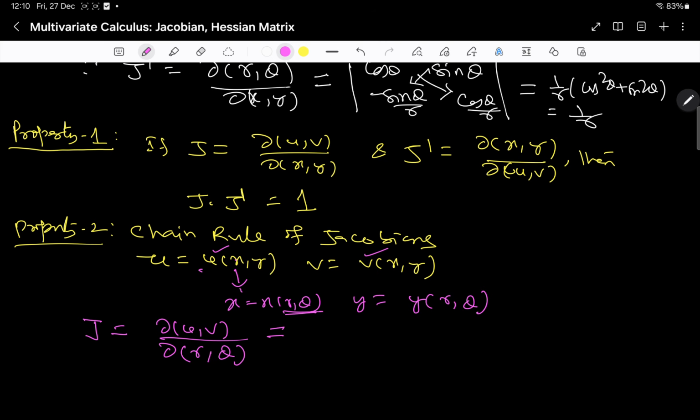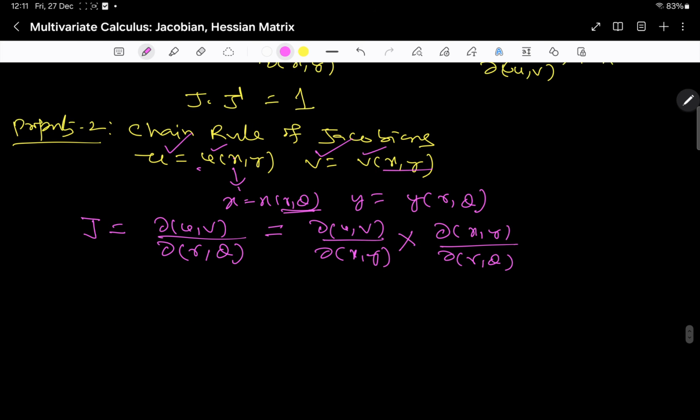So this will be your del(u,v) by del(x,y), going from u and v directly to x and y, and then x and y to r and theta, del(x,y) by del(r,theta).